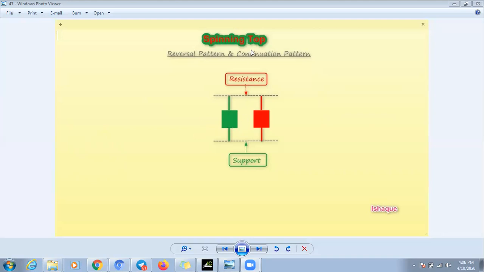If we take energy from the trend, if we follow the trend, we always make a decision with the trend, and it will give us a winning ratio.